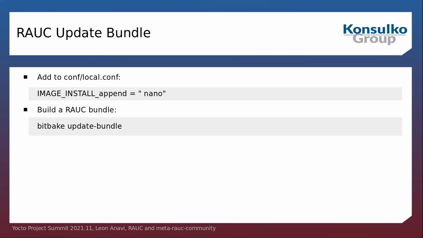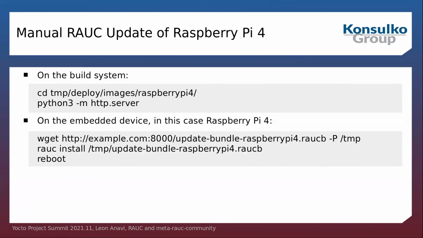The next step is to create an update bundle. For example, let's add nano, the text editor. We need to build this bundle. And once the bundle is ready, we can either copy it to, let's say, a USB stick and plug this USB stick into the Raspberry Pi to install it from there. Or what I'm doing here on the slides is turning on a simple HTTP server using Python.